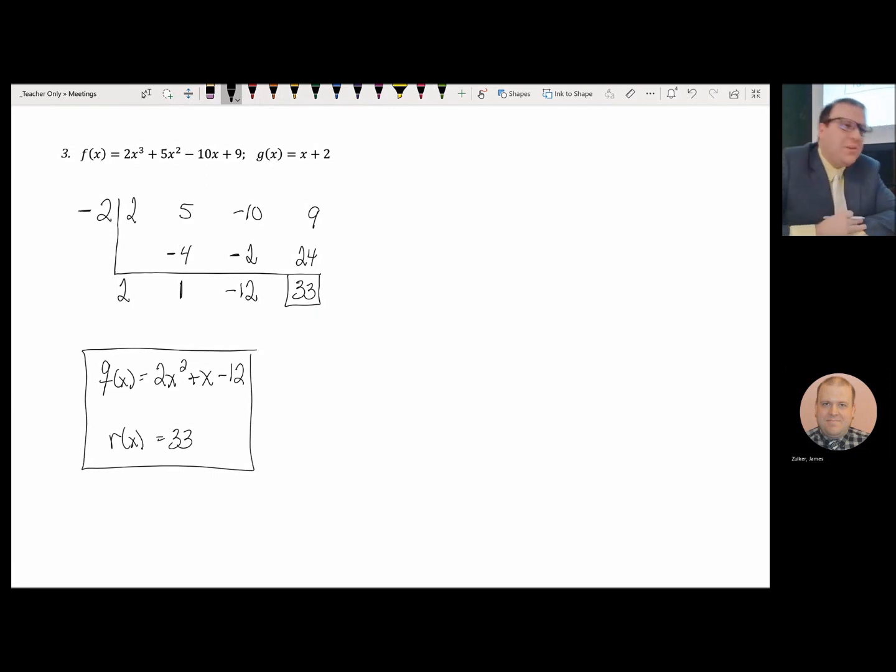And the quotient is 2x squared plus x minus 12. Which is just so much easier than long division.